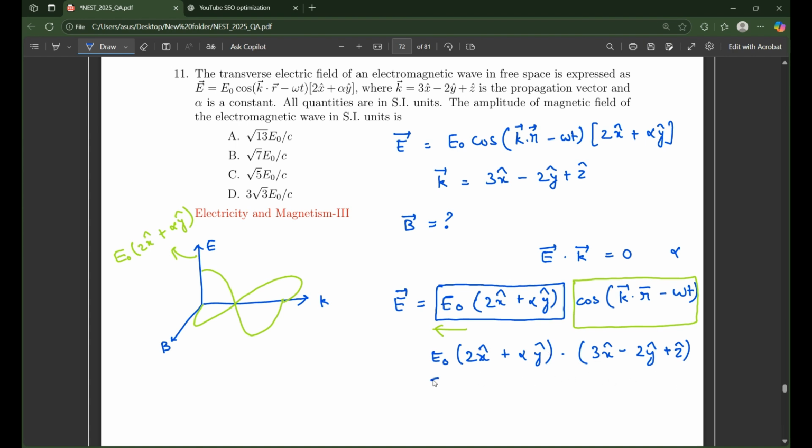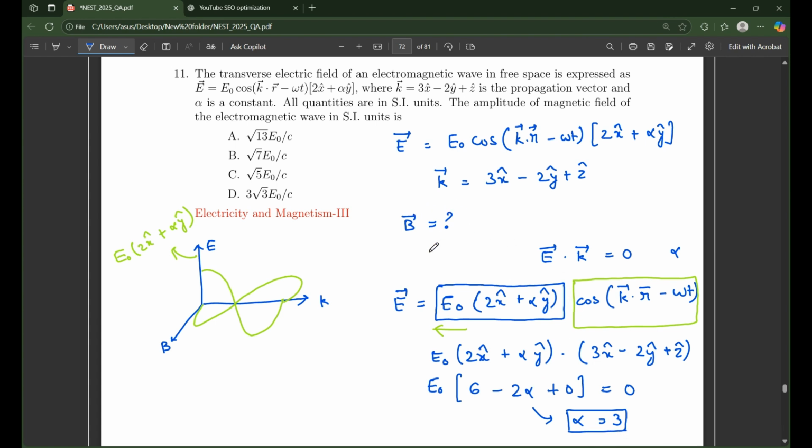When we do the dot product, it comes out as E naught in the bracket 2 times 3, plus minus 2 into alpha, that is minus 2 alpha, plus 0 into z, that is 0, is equal to 0. From this, we get the value of alpha as 3. We have now found the value of alpha. The value of alpha is 3.